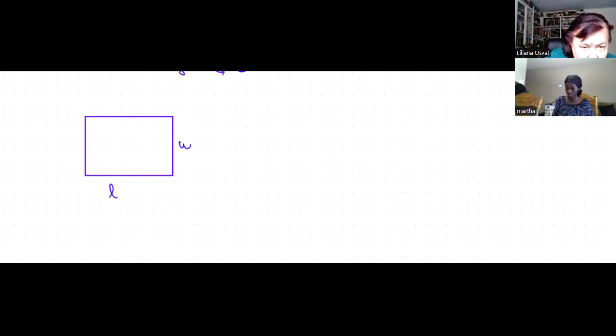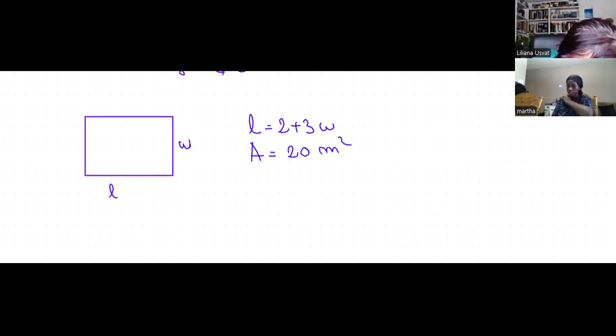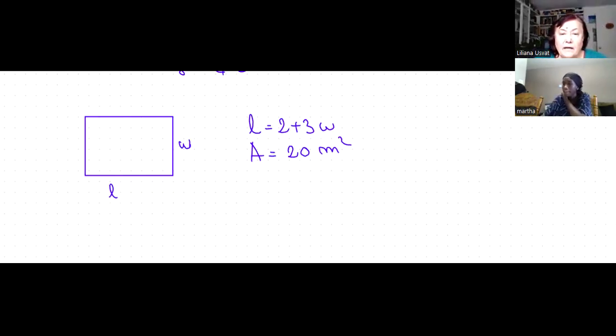The length is 2 meters more than 3 times the width. So length, it's 2 more than 3 times the width. The area is 20 square meters. Find the dimension of the rectangle.